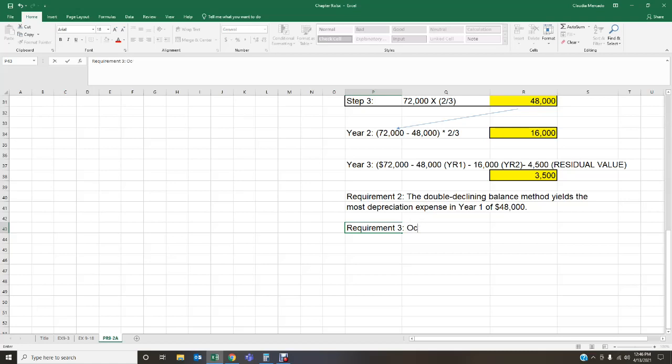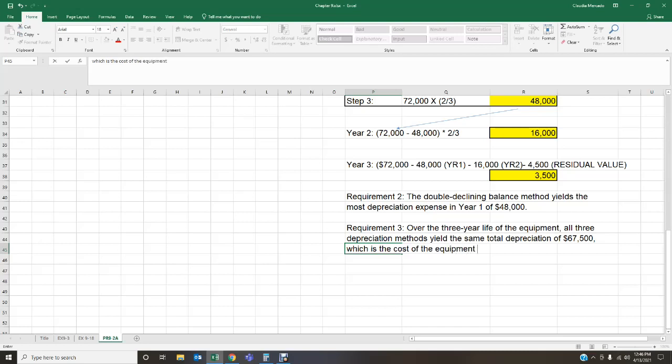So over the 3-year life of the equipment, all 3 depreciation methods yield the same total depreciation of 67,500, which is the cost of the equipment of 72,000 minus the residual value of $4,500.